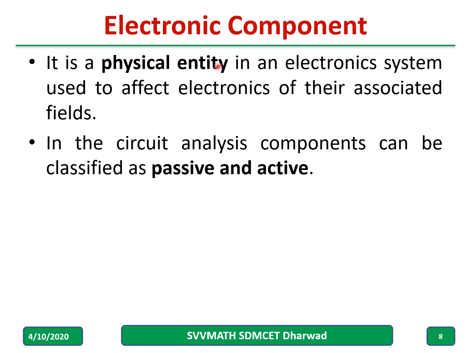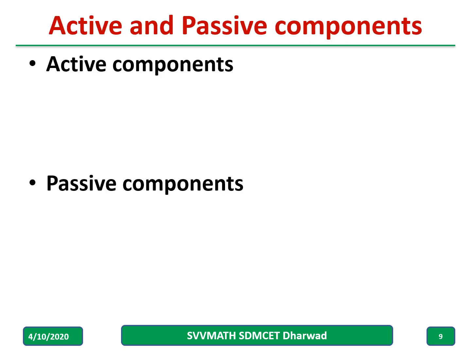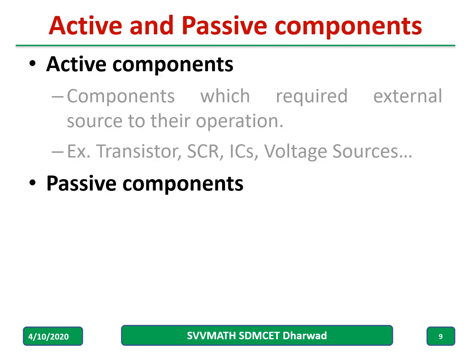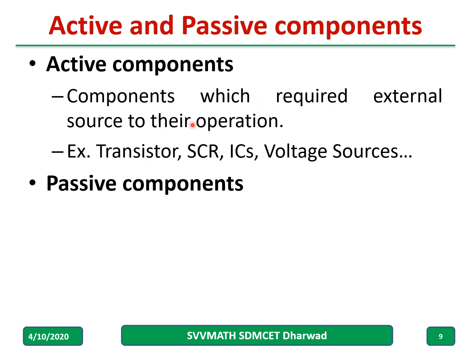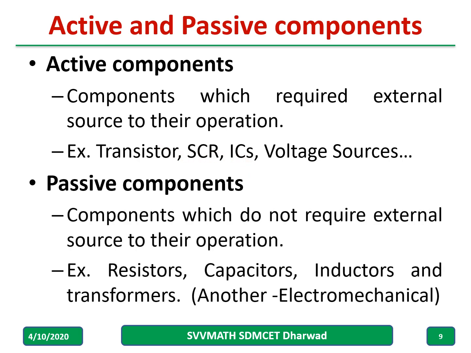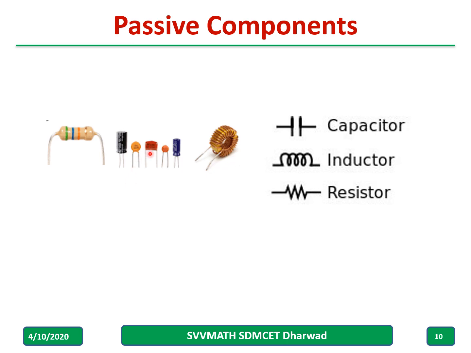An electronic component is a physical entity in an electronic system used to affect the electrons. We classify these electronic components into two: active and passive. Active components require an external source for their operation, for example transistor, op amp, SCR, IC, voltage regulator, etc. Passive components do not require an external source for their operation: resistor, capacitor, inductor, etc. These are the capacitor, inductor, resistors.